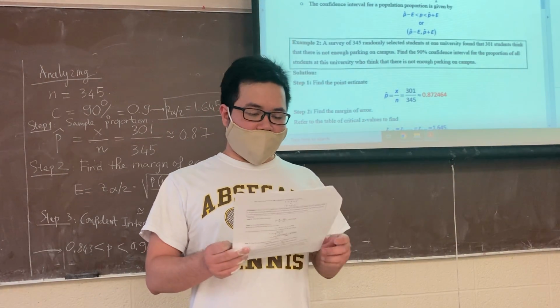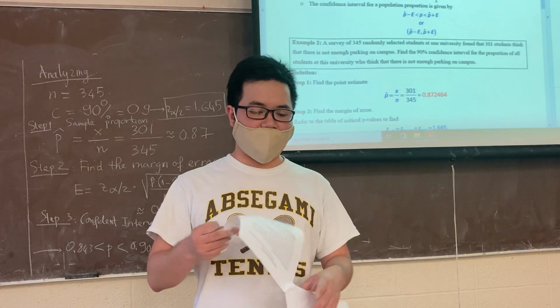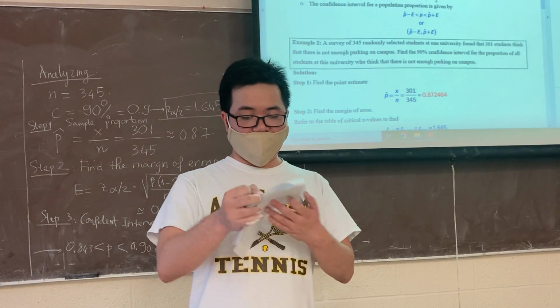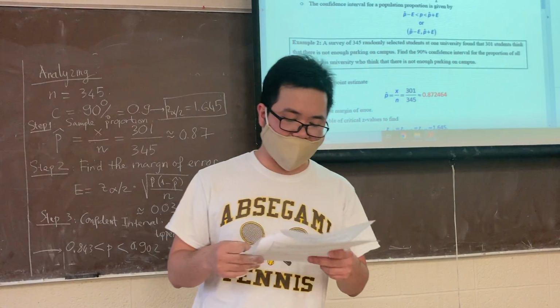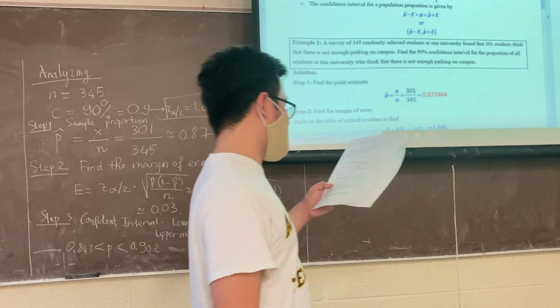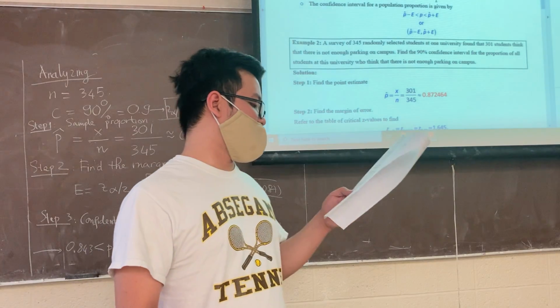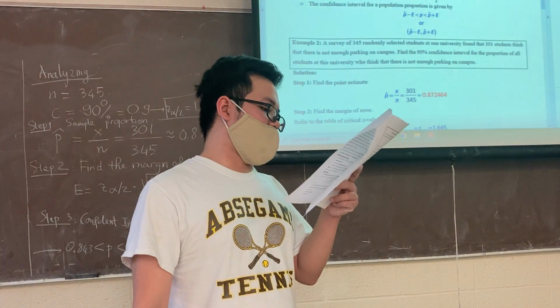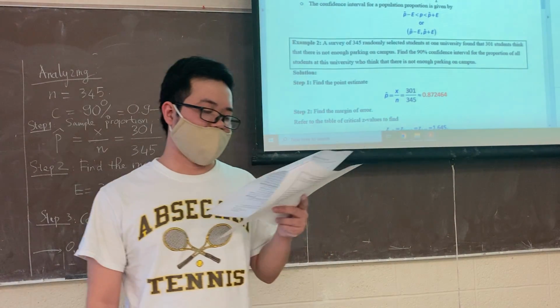And after that, you will have the practice exercise here. A survey of 1,025 randomly selected students at Western University found that 820 students think that there is not enough parking on campus.